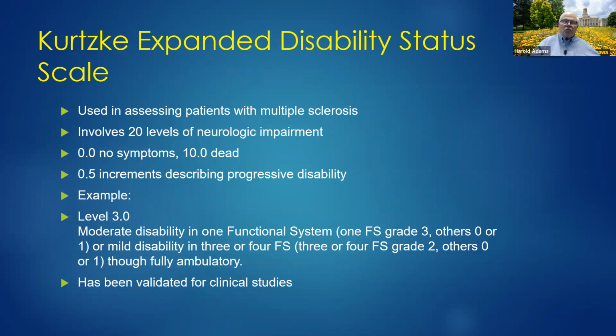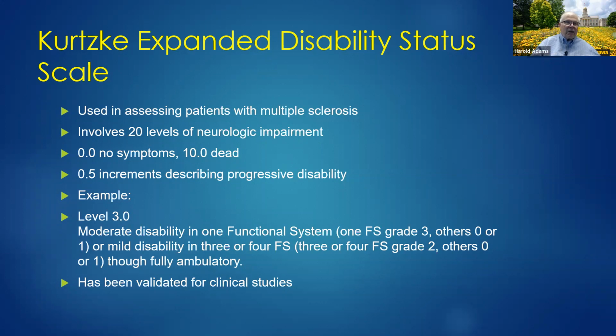Now, another uniform outcome scale is the Kurtzke Expanded Disability Status Score, which is used in multiple sclerosis. There are 20 levels of neurologic impairment, with 0 being the patient has no symptoms and 10 the patient is dead. But then to make it more complicated, it has half-point increments.